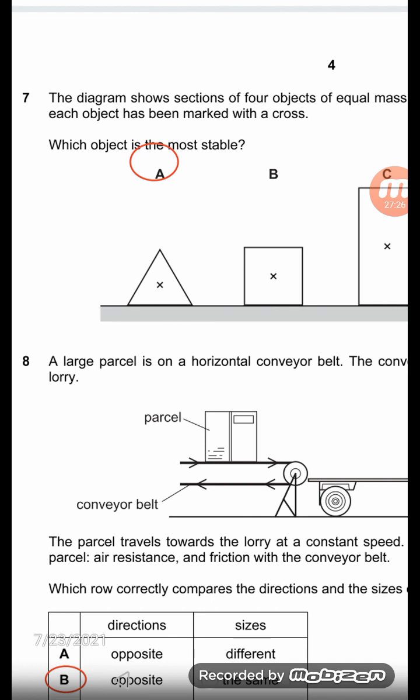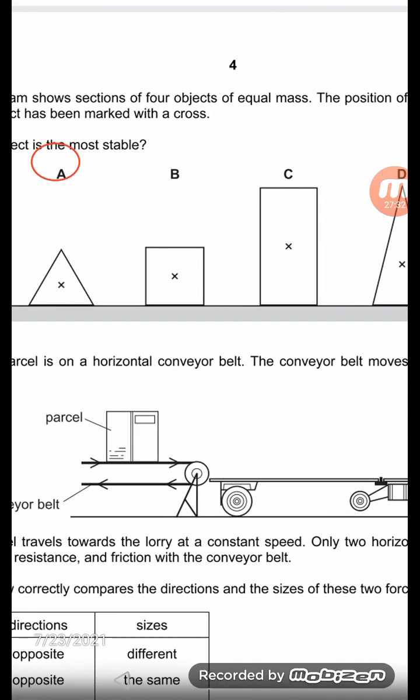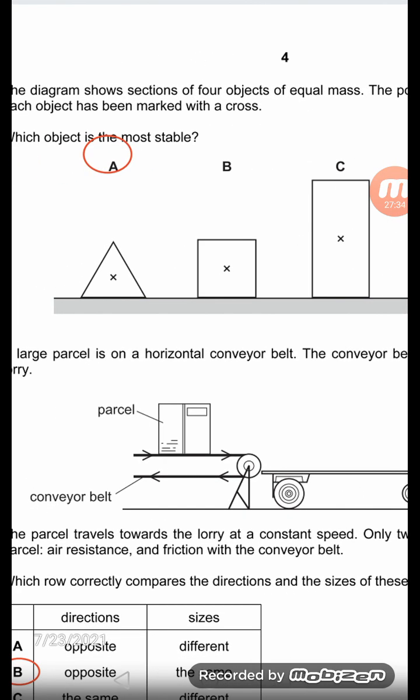So it will be affected by what? Three things: the size of the base support, so you can see all the base supports are same. Okay, the size of the base support is the same.